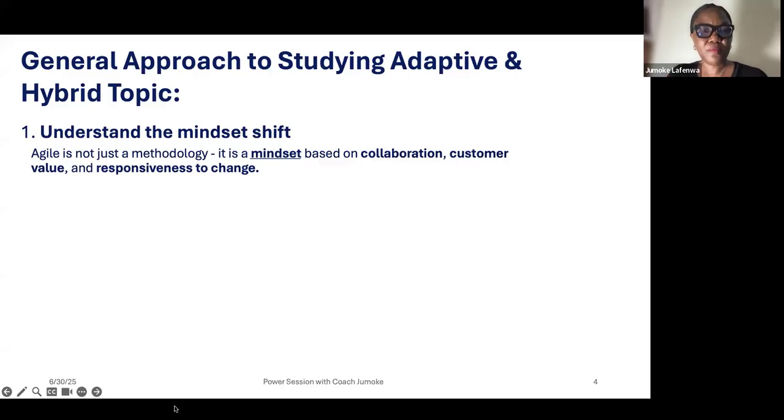When you are using the adaptive methodology, you will be interacting constantly with your customer. The product owner interacts with the customer and presents the customer's value proposition to the development team. So it's a constant relationship.